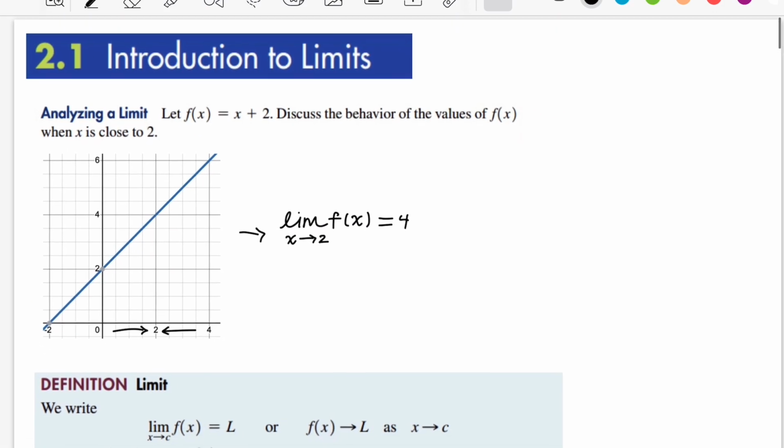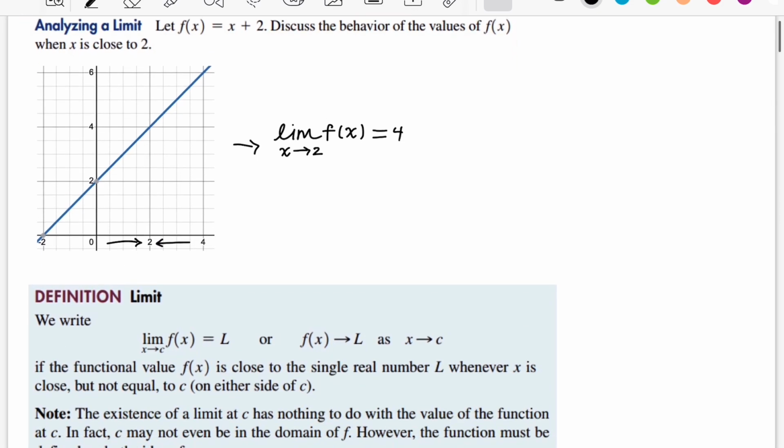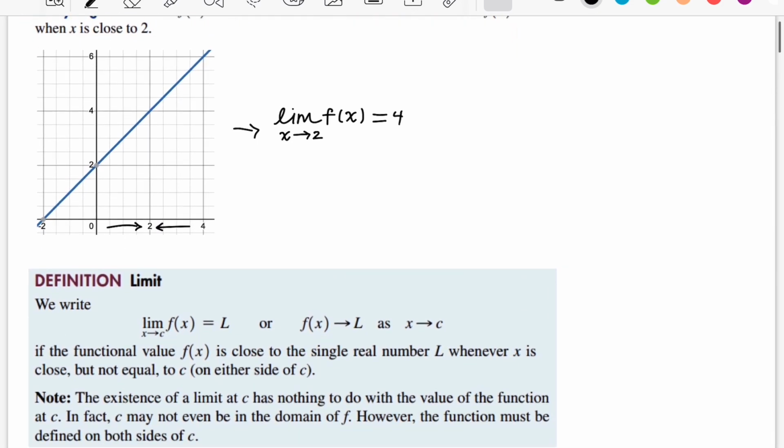Alright, so this brings us to our formal definition of a limit. So we write this. So again, the limit of f of x as x approaches some value c is equal to L. Or we can write that as f of x approaches L as x approaches c.